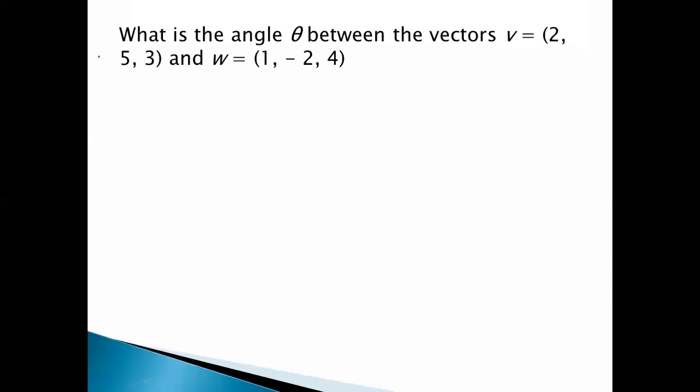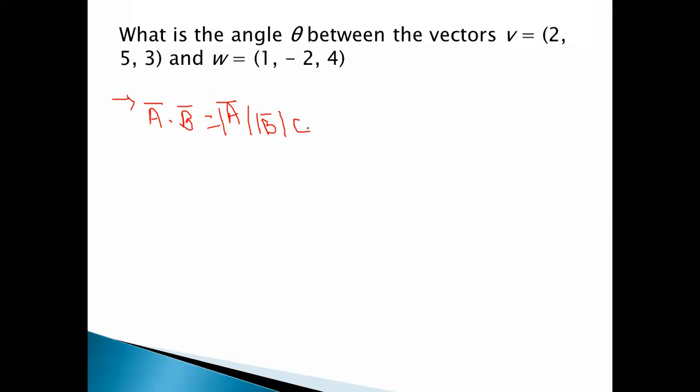So here we have to find theta. For the solution, we can use the formula of dot product, that is A bar dot B bar is equal to mod of A bar mod of B bar into cos theta. Now tell me, there are two vectors. Which are those?